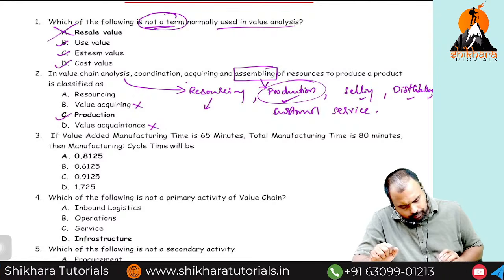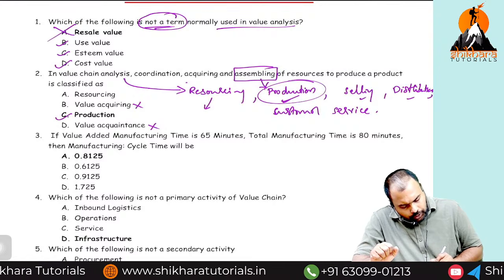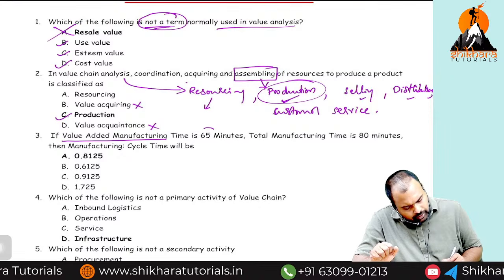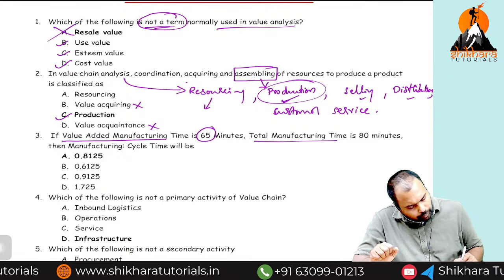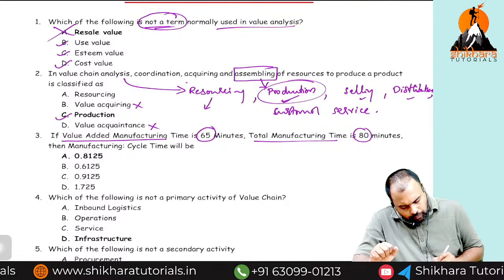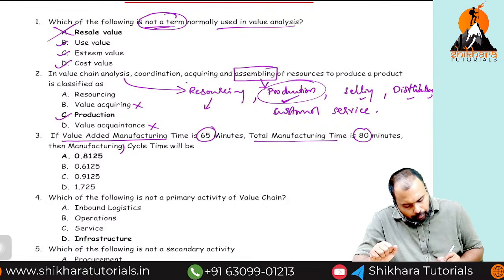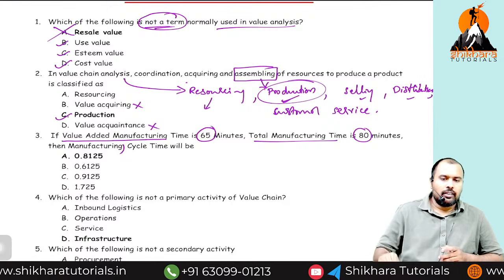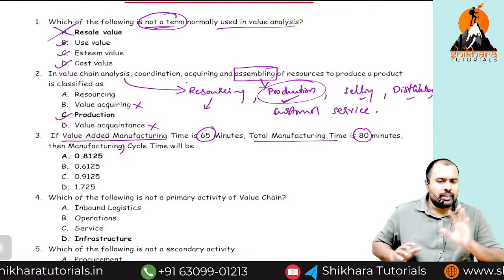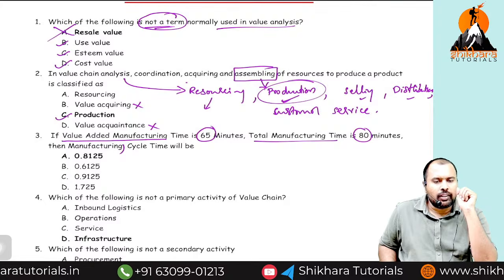Okay, next. If value added manufacturing time is 45 minutes and total manufacturing time is 80 minutes, then manufacturing cycle time, sir, total manufacturing time is 80, sir. What is total manufacturing time?